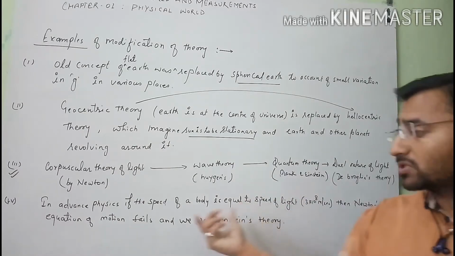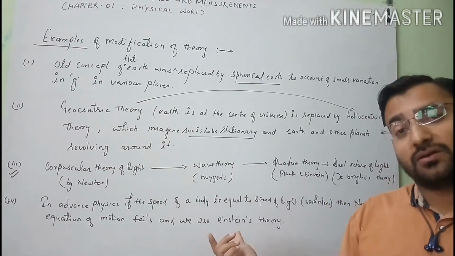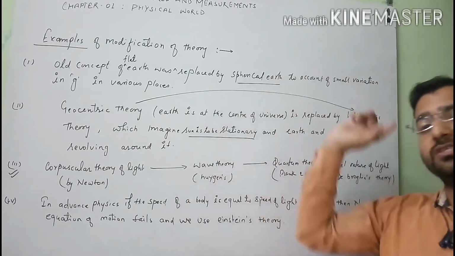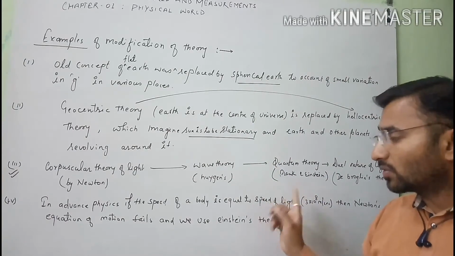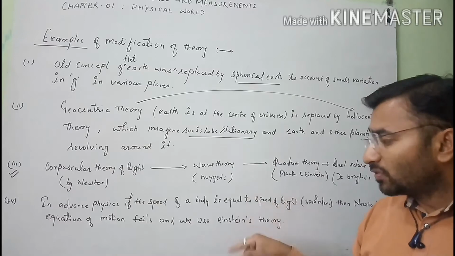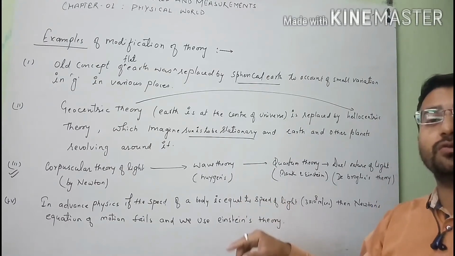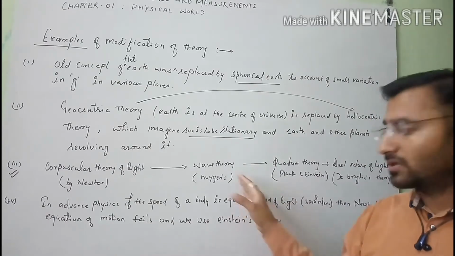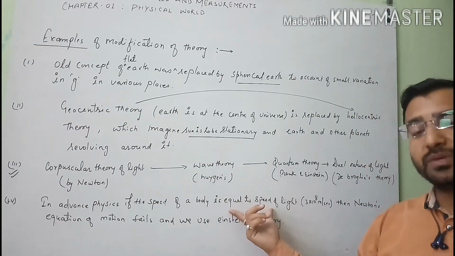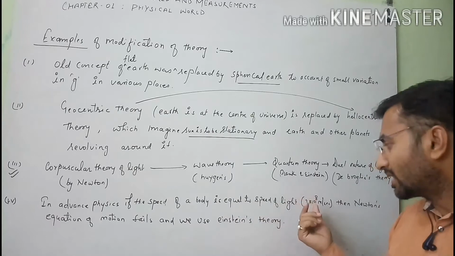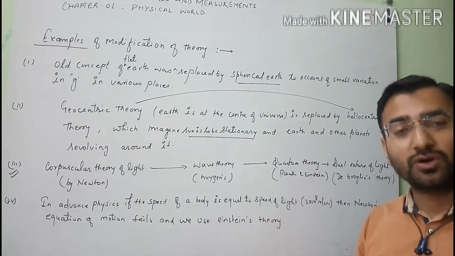But if the speed of the body is equal to the speed of light, then the calculation for the body traveling in the medium with the speed of light can't be explained with the help of the equations of motion.